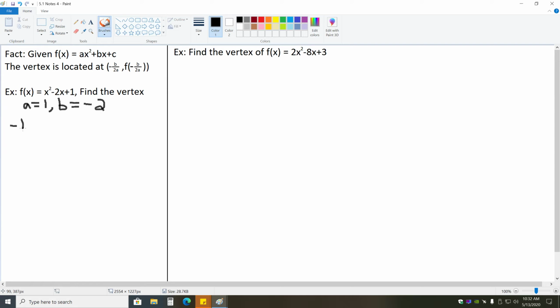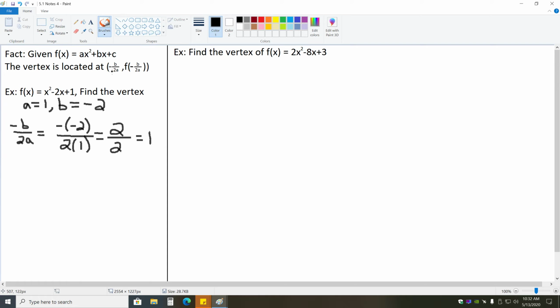So -b over 2a is equal to -(-2) over 2 times a is 1, which gives us negative times negative 2 is positive 2, over 2 times 1 is 2, which just leaves us with 1.